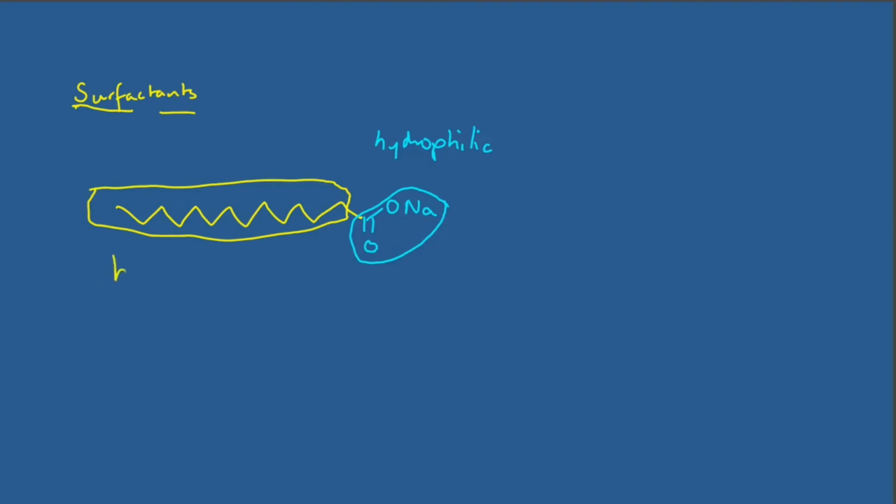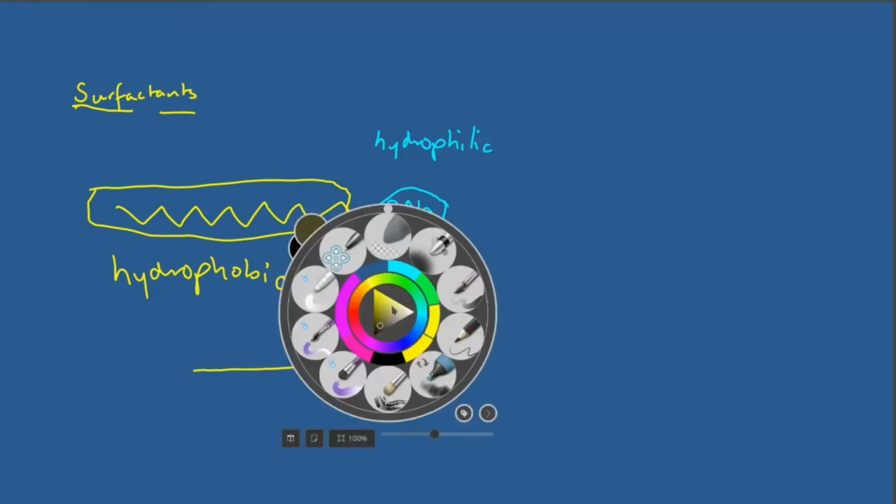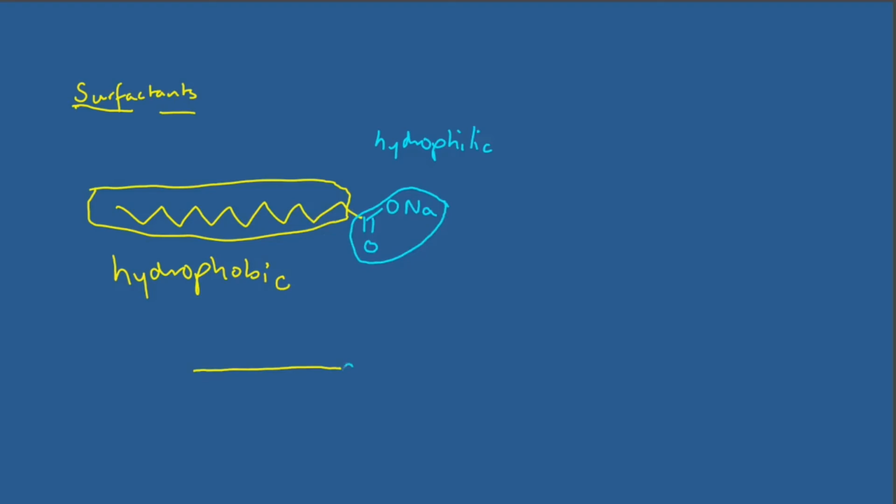So this hates water. So this is hydrophobic, water hating. So what could we say? Well, we have a hydrophobic tail, and then we have a hydrophilic head end here. Okay, so this is how we could perceive our surfactants to be.